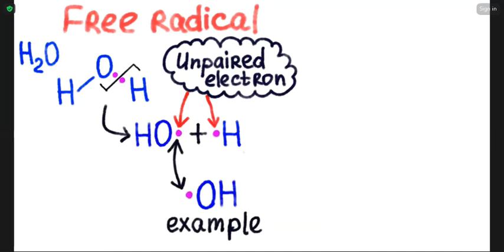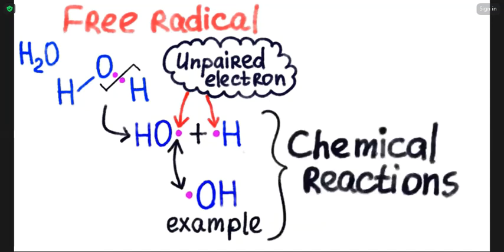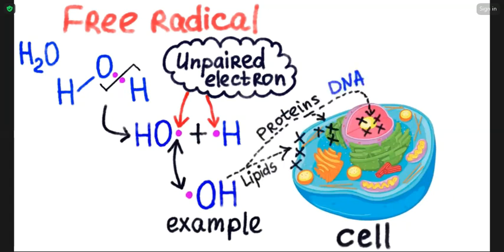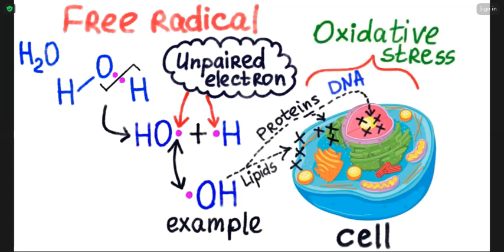As a result, free radicals can participate in various chemical reactions, both beneficial and harmful, in the body and the environment. Excessive amounts of free radicals can cause damage to cellular structures, including lipids, proteins, and DNA. This process is known as oxidative stress and is associated with various diseases and aging.